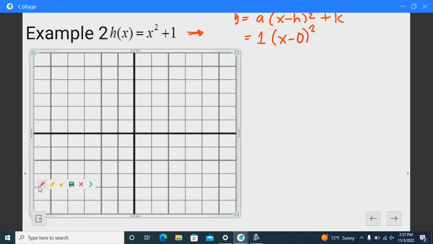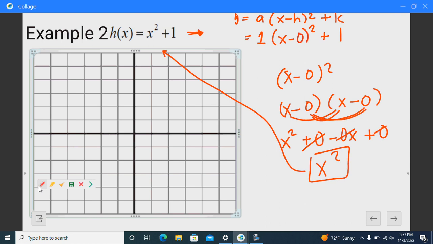Therefore, since h was 0, I still have x squared. That's why x minus 0 squared is equal to x squared.